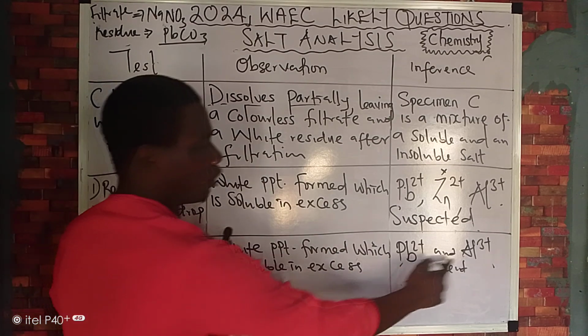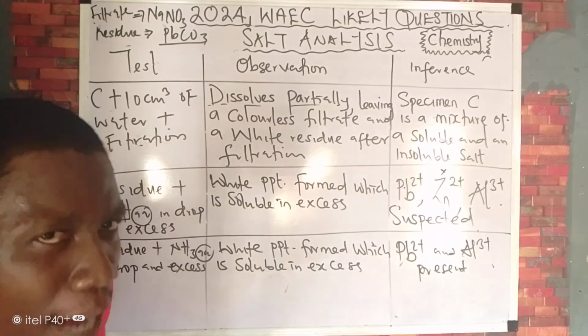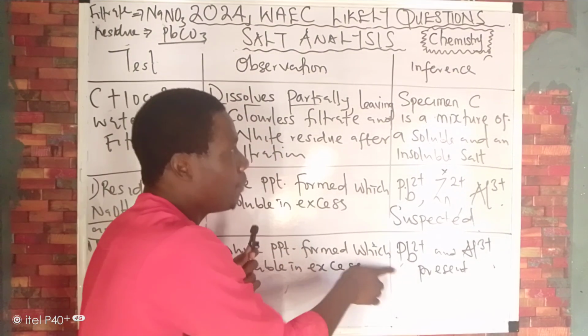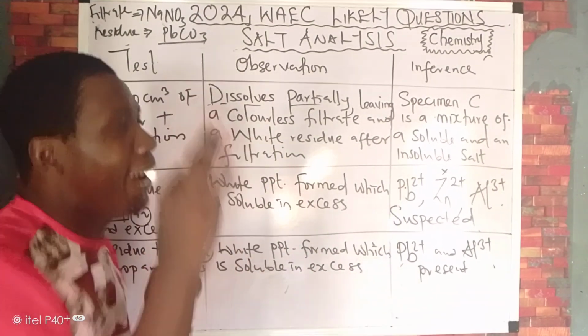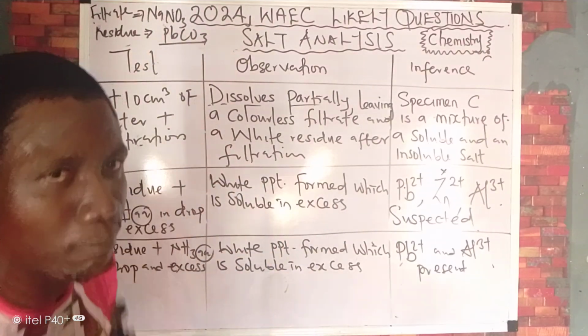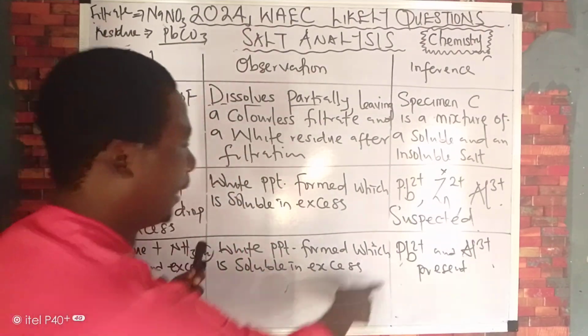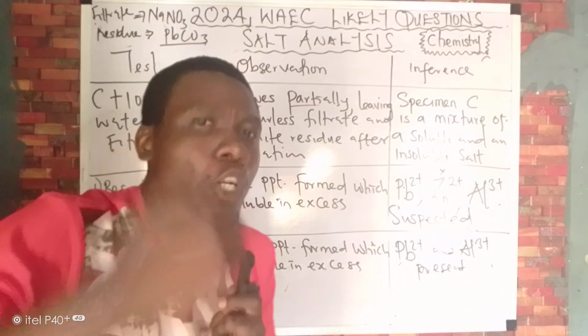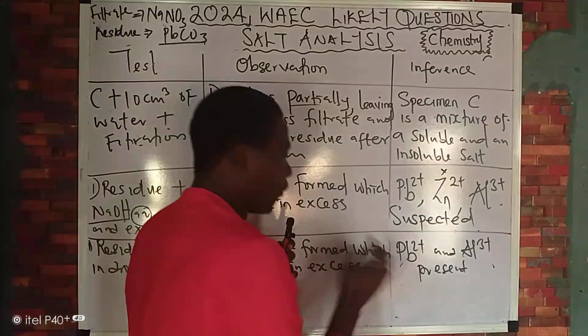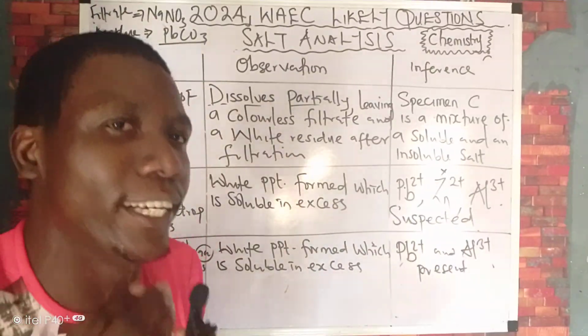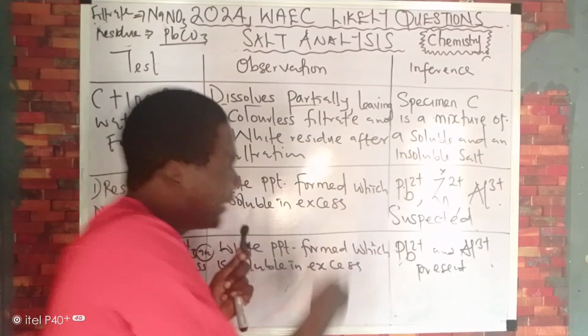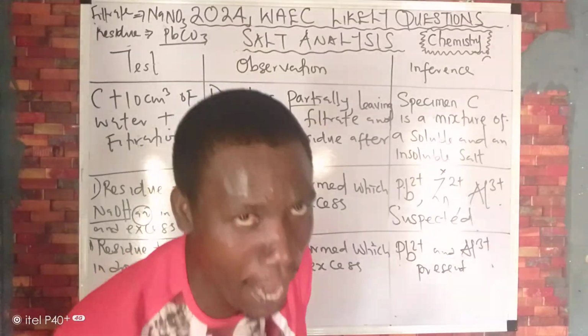Now that we have lead and aluminium, do we want to confirm the presence of lead? Because I told you the residue is lead carbonate. So I want to confirm the presence of lead. What do we use for the confirmatory test for lead? There are two basic reagents used to confirm the presence of lead-2 ion.